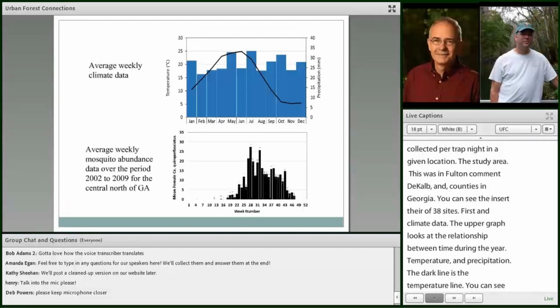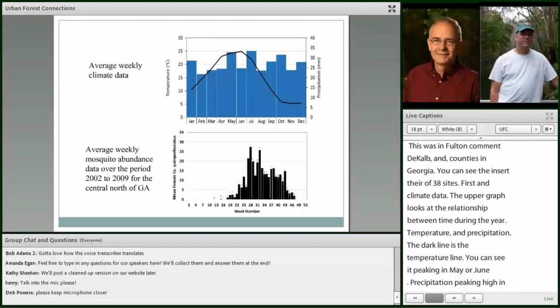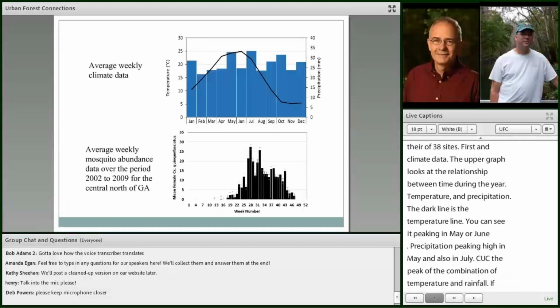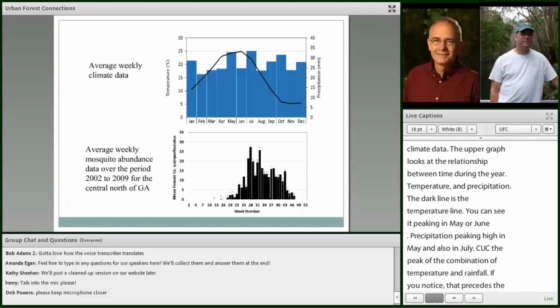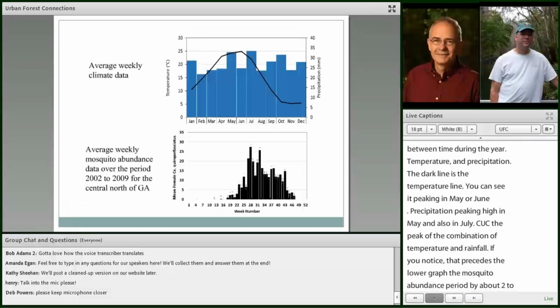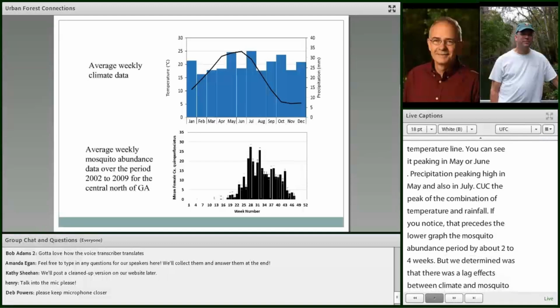So you see the peak of the combination of temperature and rainfall about in May, maybe a little bit into June, July. That precedes the lower graph, the peak mosquito abundance period, by about 2, 3, 4 weeks. And so we determined there's a lag effect between climate and mosquito abundance of about 2 to 4 weeks. I'll talk more about that in a moment.